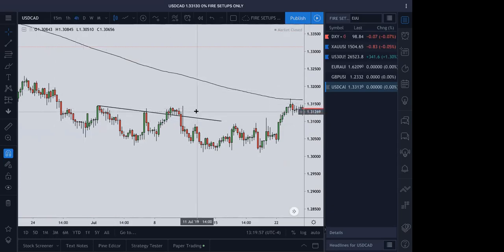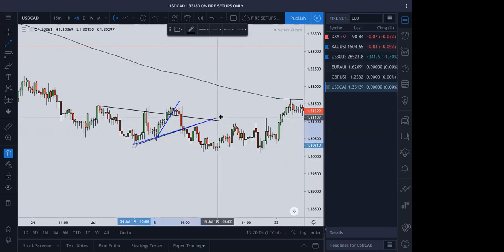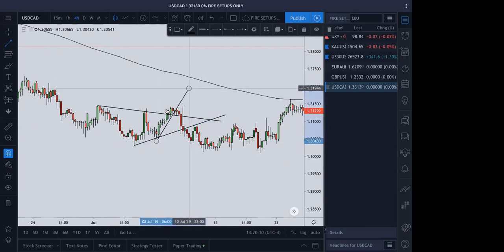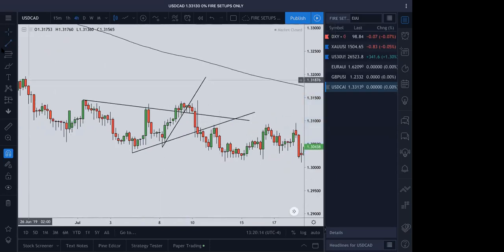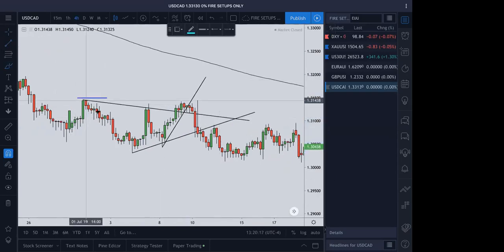I'll show you a few things very quick. Lovely. Okay. Let's put the FIBO from high to low on the first leg.